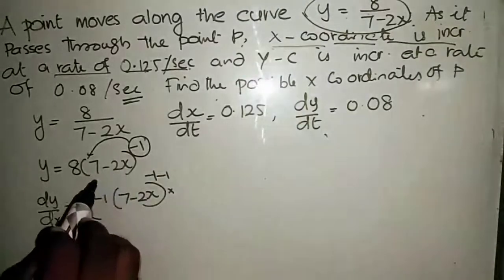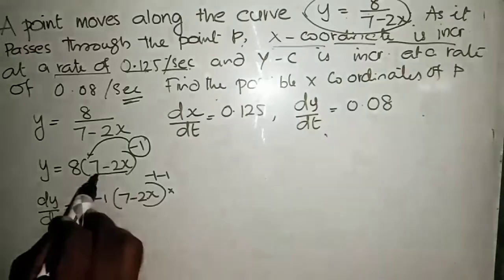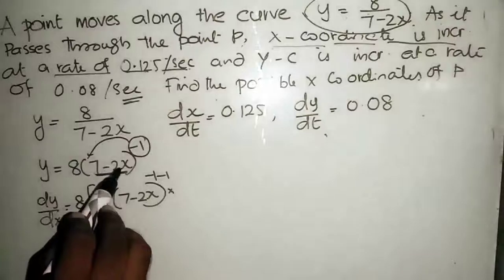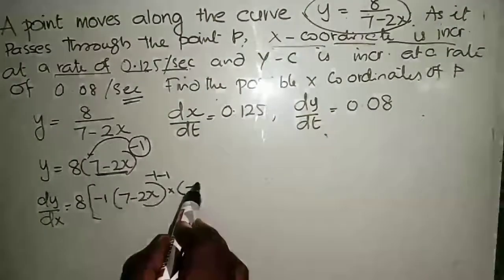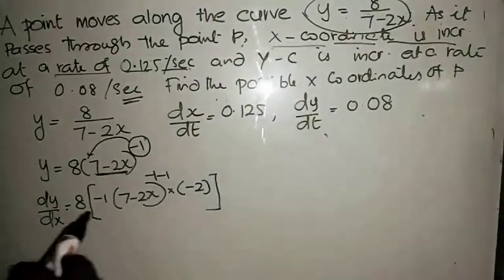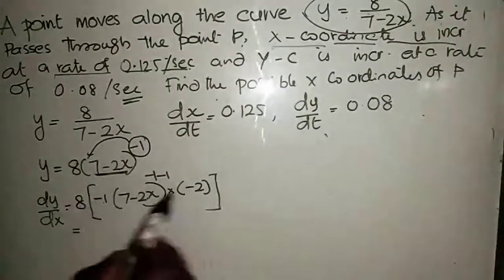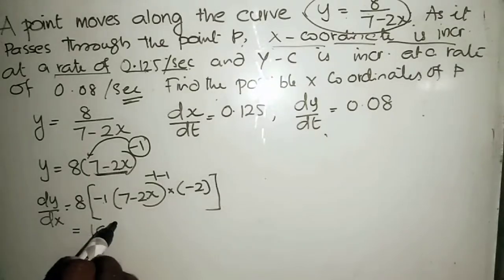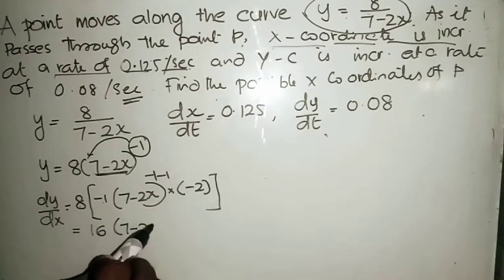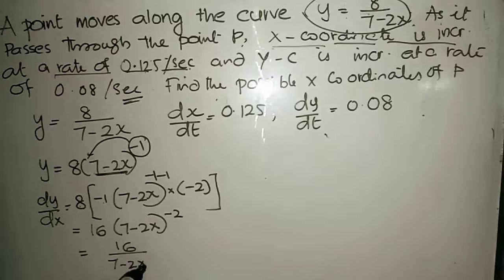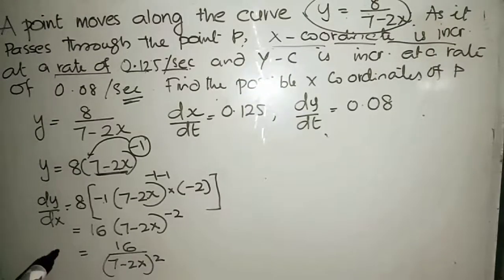The internal part is 7 minus 2x, whose derivative is 0 minus 2, that is minus 2. That's equal to 8 into minus 1 into minus 2, that is 16 of 7 minus 2x whole raised to minus 2, which is the same as 16 by 7 minus 2x the whole square, as dy by dx.